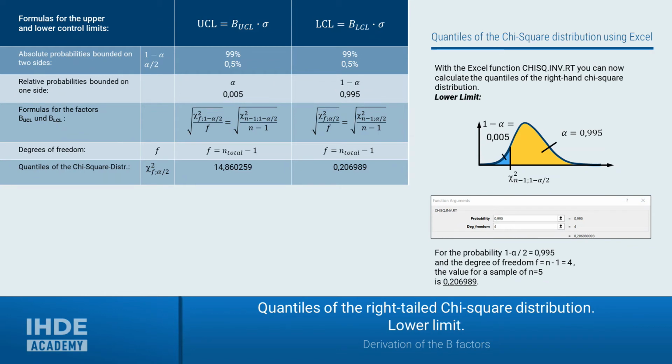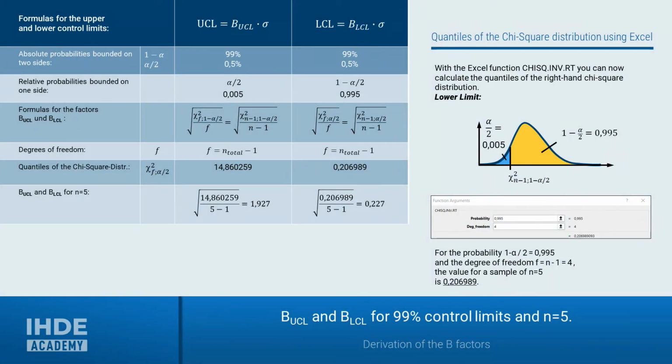So, in the first probability field, enter the probability of 0.995 for alpha and 4 again for the degree of freedom. This results in a value of 0.207 for the quantile.